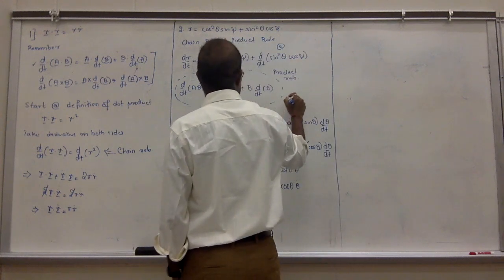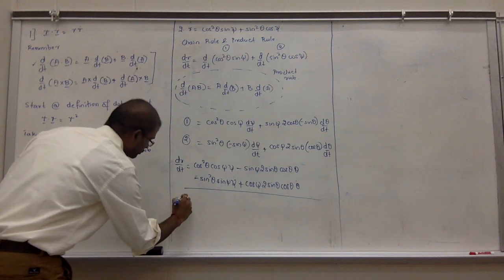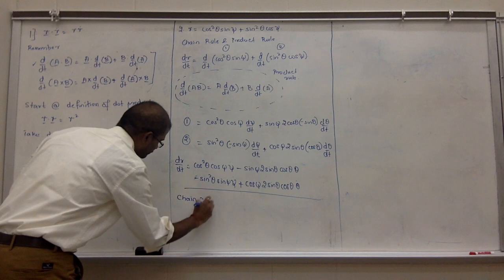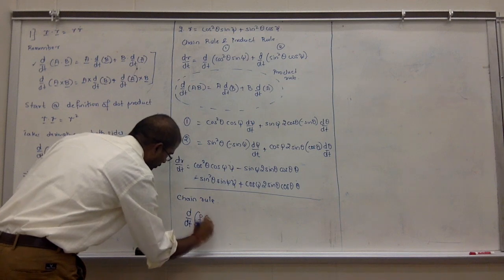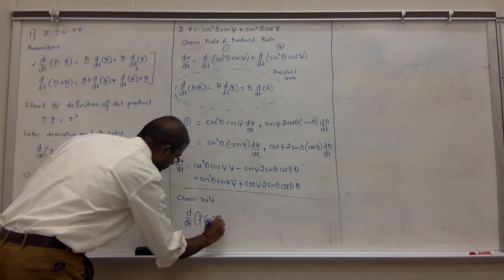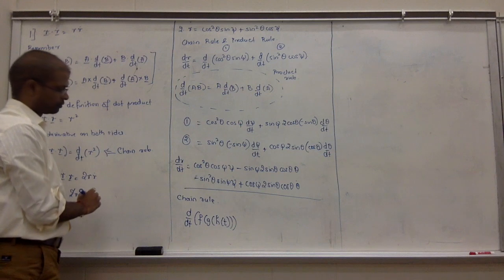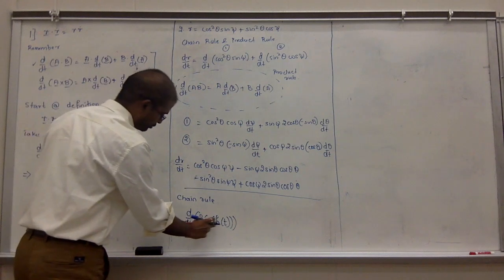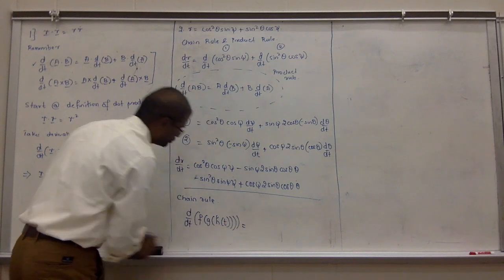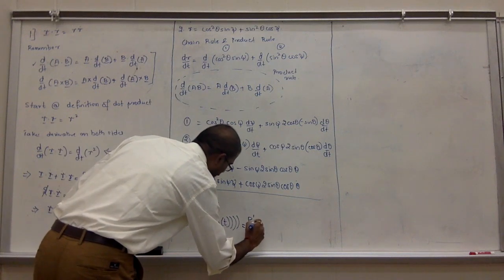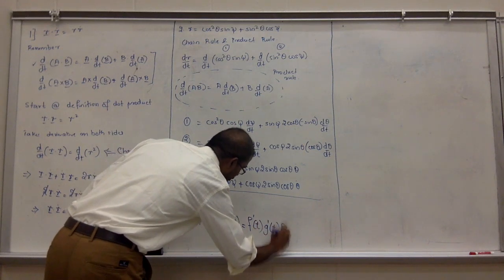The chain rule is: the derivative of f of g of h of t is equal to f dot of t into g dot of t into h dot of t.